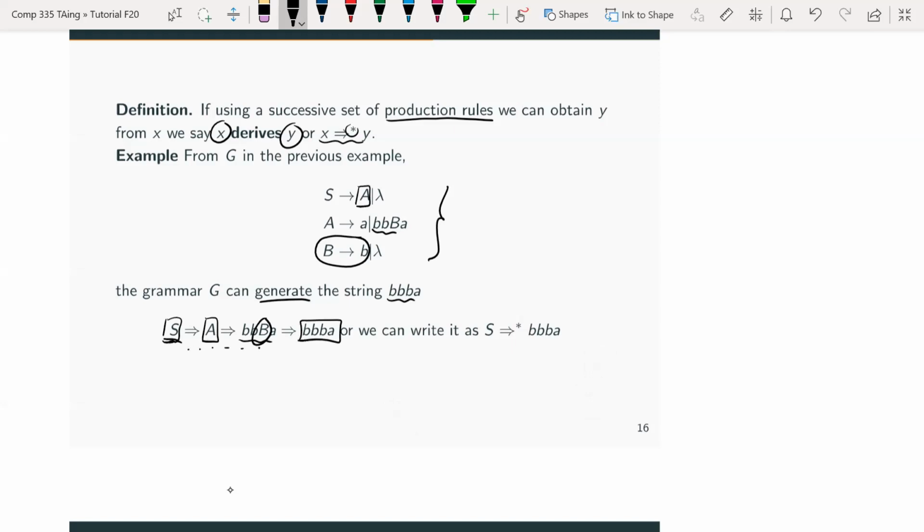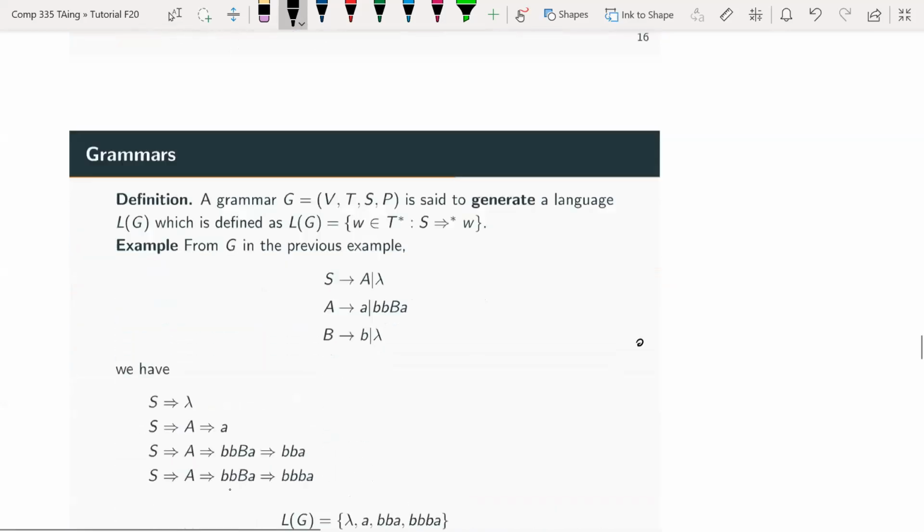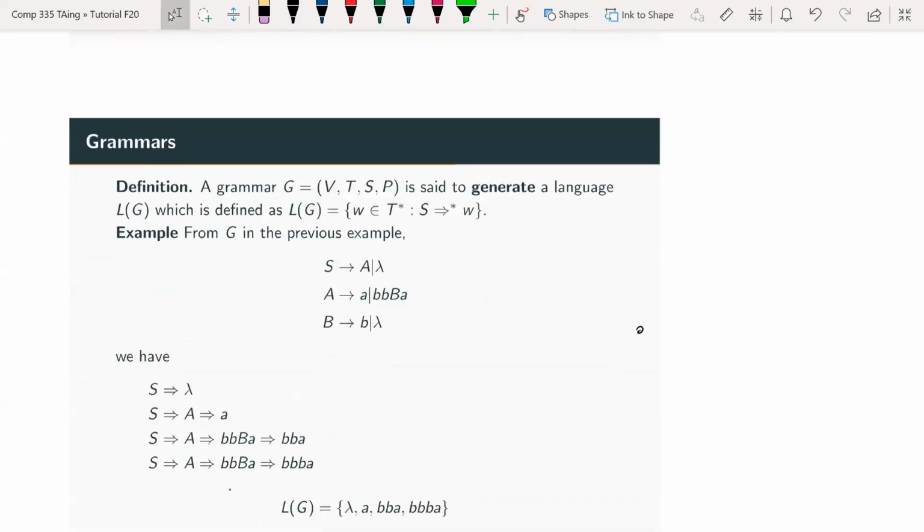So the idea in a grammar, in general, in a grammar G, you want to list all of the strings that are generated by that grammar. And that set of strings is known as the language generated by G. So we also denote that L of G. Similarly to how L of M was the language accepted by the FAM, L of R was the language denoted by R, L of G is the set of all strings generated by your grammar.